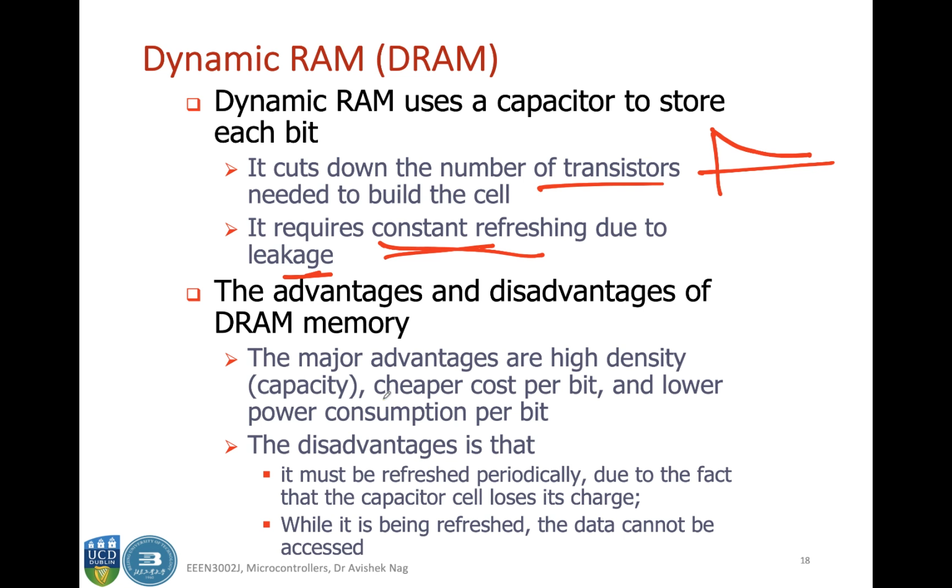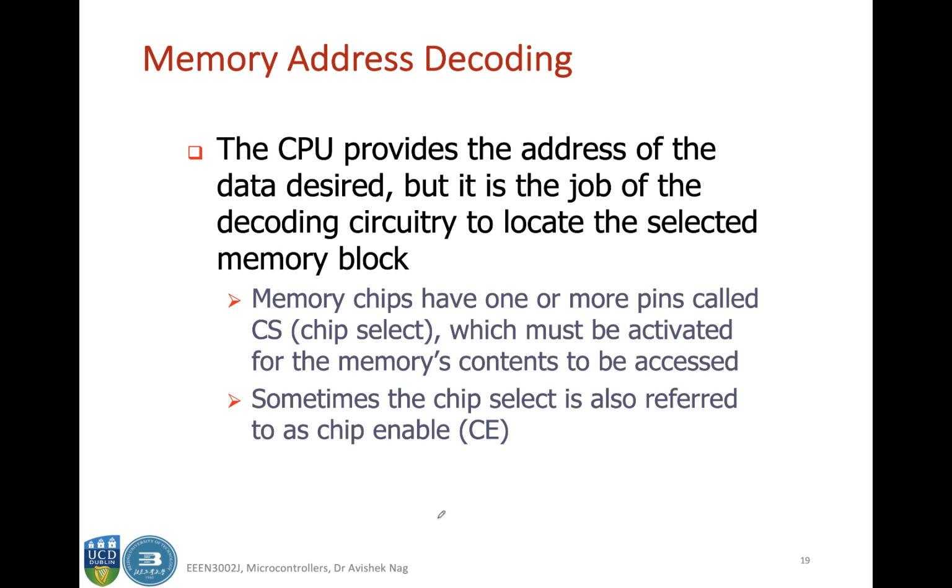Lower power consumption per bit as well, again obvious because you are using a capacitor. However, the disadvantage is that it must be periodically refreshed, and while it is being refreshed, the data cannot be accessed. These are the disadvantages of the DRAMs.